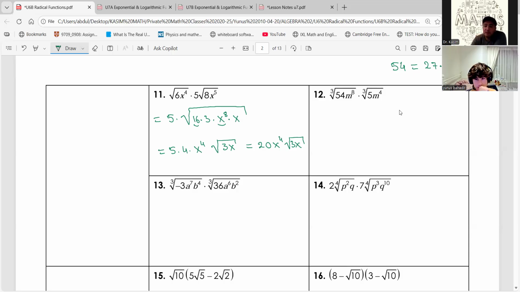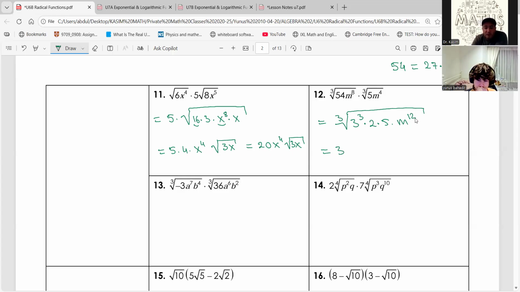The first step, because the 5 and 2 we have nothing to do. Cube root of 54, I can write this immediately as 3 cubed times 2 times 5. Combine the m's: 8 plus 4, 12, right? That's it. Now the cube root of 3 cubed is just 3. 2 times 5, 10, nothing to do with this.